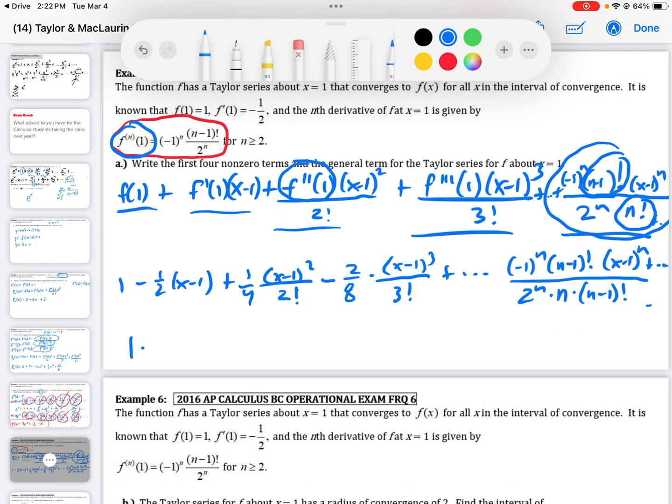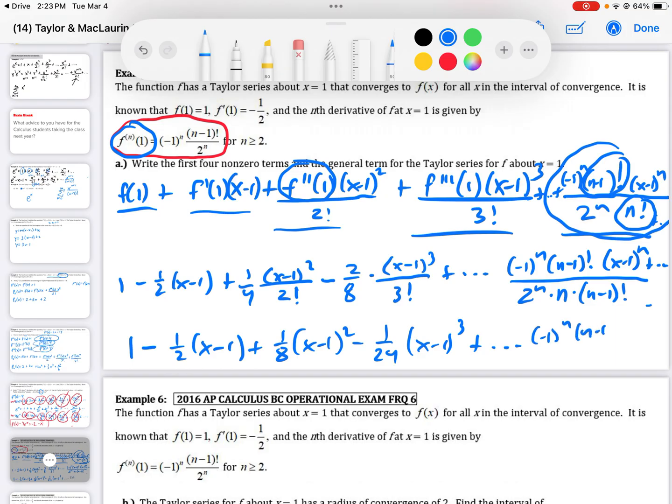So if I wanted to rewrite this a little bit nicer, plus 1/8 x minus 1 squared minus 1/24 x minus 1 cubed plus dot, dot, dot, negative 1 to the n minus 1.